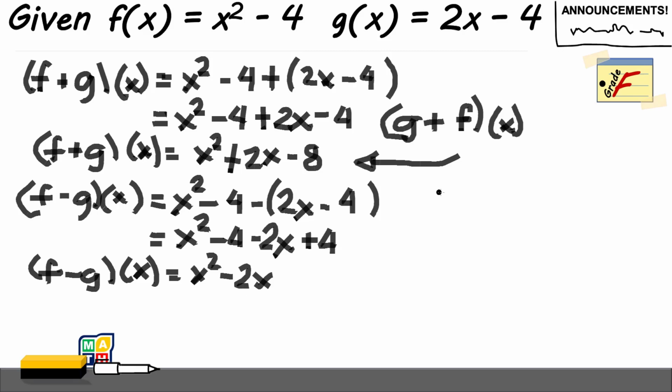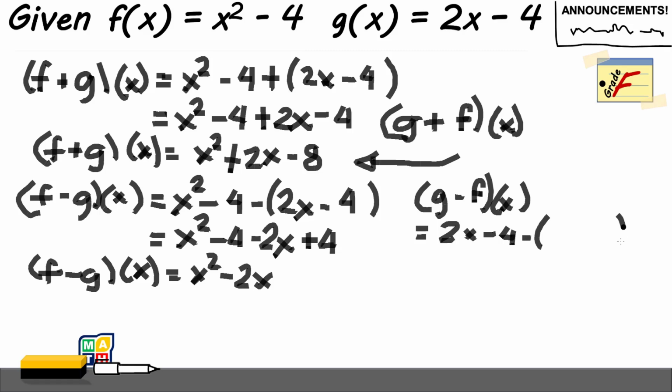As mentioned, this is different when you try to solve for g minus f of x. Because this would mean you will have 2x minus 4 minus the grouping symbol of x squared minus 4.